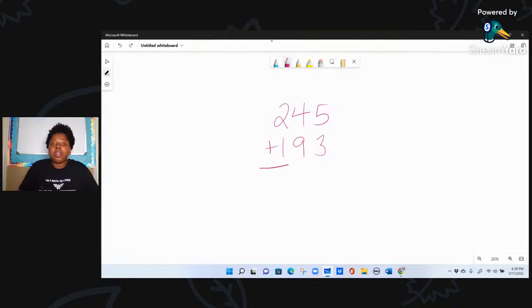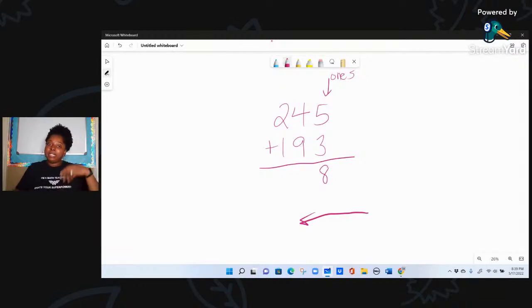So here we go. First things first, we always start on the right in the ones place, and then we go to the left. So we go from right to left. So 5 plus 3 is 8. Then 4 plus 9.